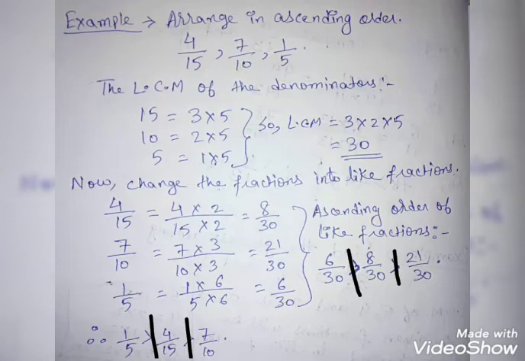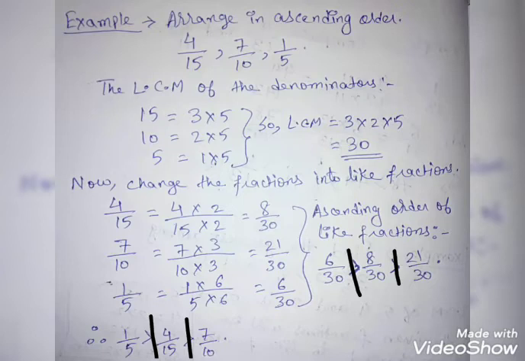So now we have to change these fractions into like fractions. So first of all 4 by 15, how to change it into like fraction? The denominator we have to change to 30. So 15 into 2 I know is 30. So the same number multiplied with the denominator, that is 2, will be multiplied with the numerator also, that is 4 into 2.